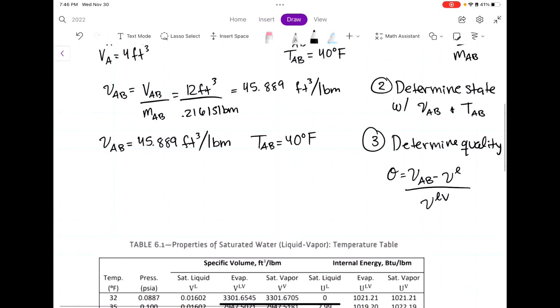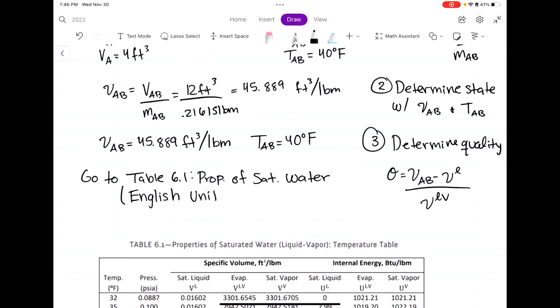So we're going to go to table 6.1, properties of saturated water. And we are going to table 6.1 because that contains our English units.